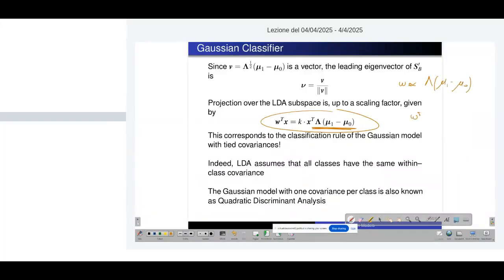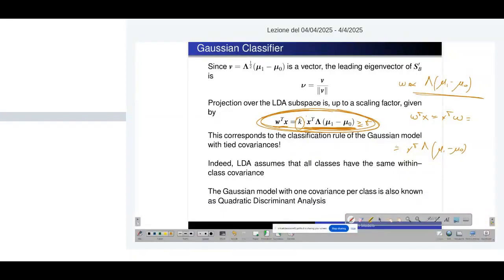And then we compute W transpose X for a test point, which means, let's write it in this way, it's X transpose lambda mu1 minus mu0 times some constant. And the constant derives from the fact that I'm looking for an eigenvector and then I can choose the norm of the eigenvector freely. But that's, again, not important. What matters is that the LDA solution was obtained by projecting X over a direction that looks like this, and then comparing this with a threshold.